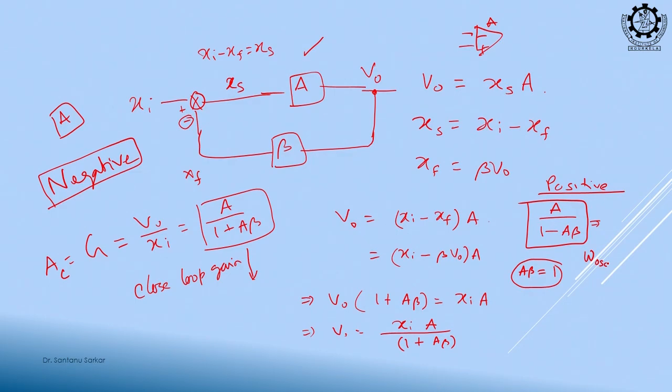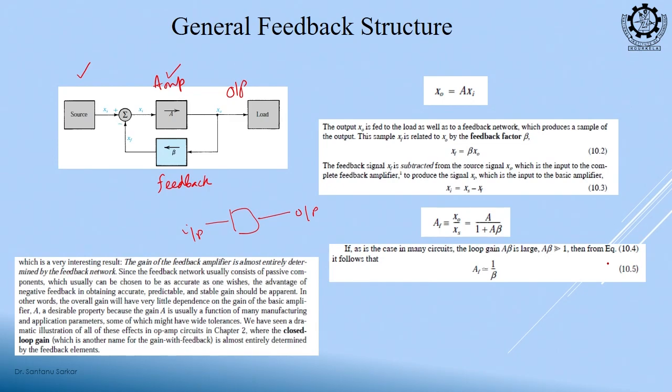So, is this mathematics clear? That is drawn here. This is a general structure. What is the meaning? This is my op amp, and this is the feedback element, whatever resistor you connect, with positive input or negative input connections, inverting and non-inverting op amp.